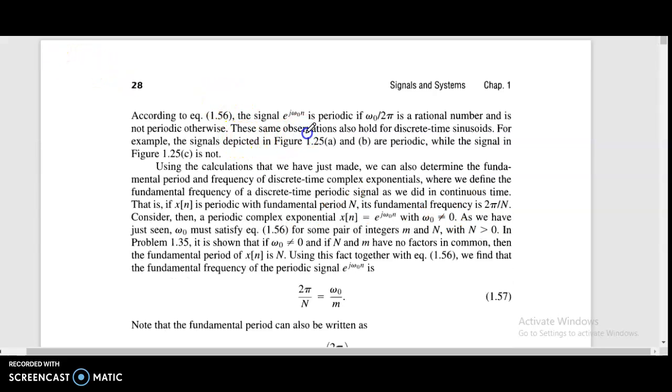The same observations also hold for discrete time sinusoids. For example, the signals depicted in figure 1.25 A and B are periodic, while the signal in figure 1.25C is not.